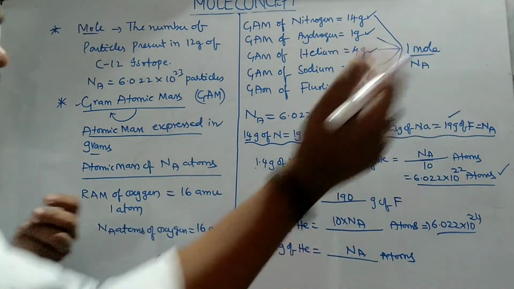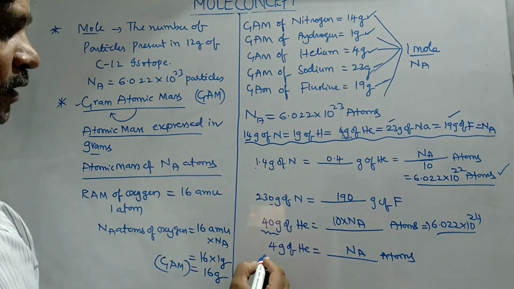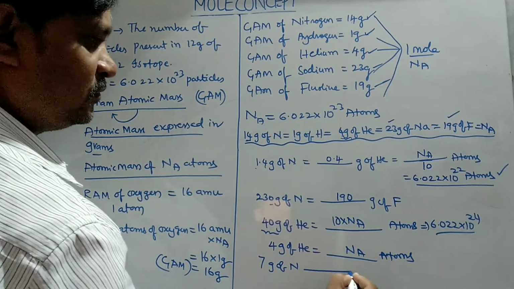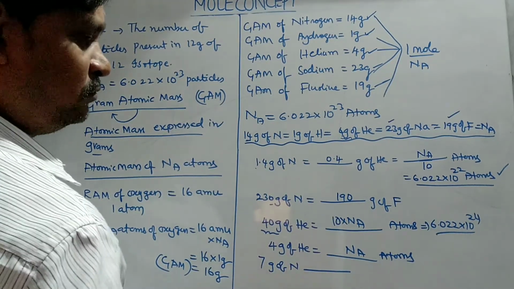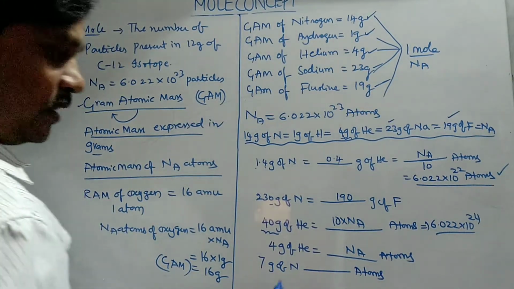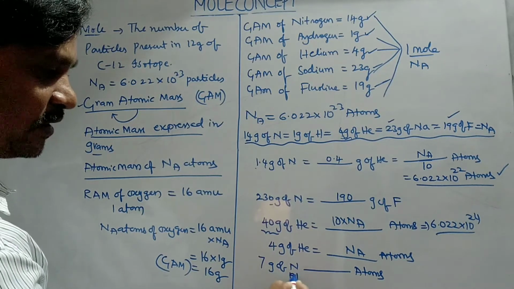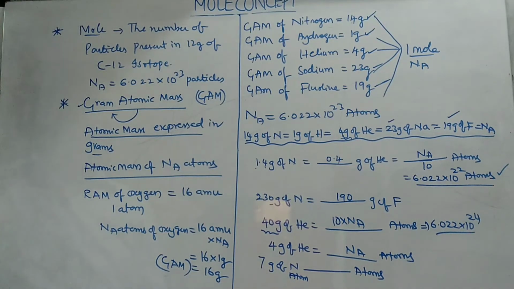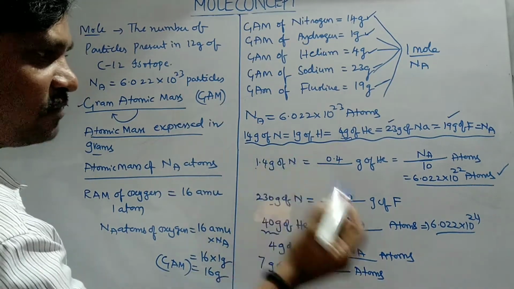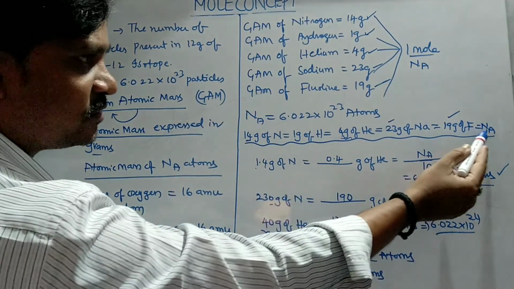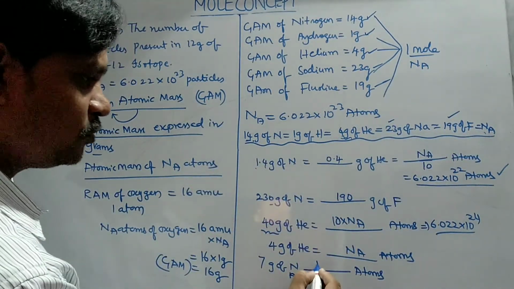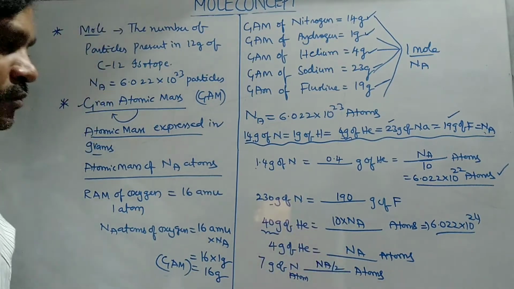Let us take one more example. 7 grams of nitrogen is equal to how many atoms? You can understand it in a better way. 14 grams of nitrogen has Avogadro number of atoms. 7 means divided by 2, so simply we write Na by 2.